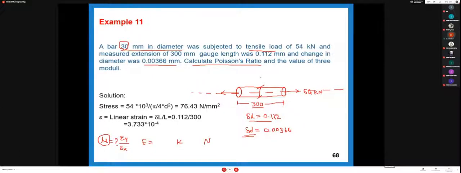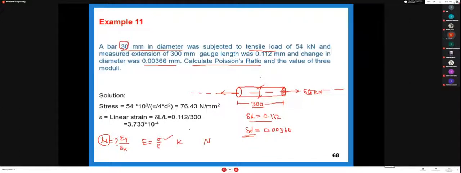Now after that you have to find out the E value. So E is defined by stress by strain. Stress is proportional to strain, but its constant is known as the Young modulus. Stress is defined as the force divided by the cross section area. Here diameter is given, so you can easily find out the cross section area.